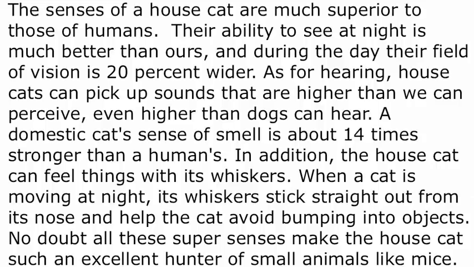A domestic cat's sense of smell is about 14 times stronger than a human's. In addition, the house cat can feel things with its whiskers. When a cat is moving at night, its whiskers stick straight out from its nose and help the cat avoid bumping into objects. No doubt all these super senses make the house cat such an excellent hunter of small animals like mice.